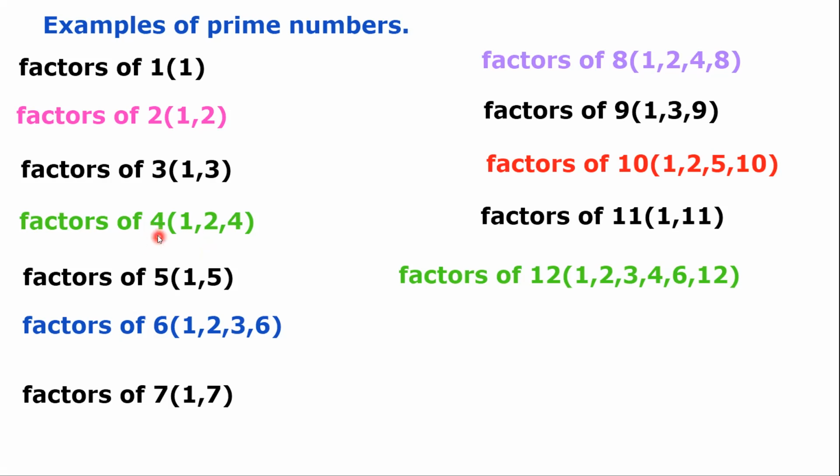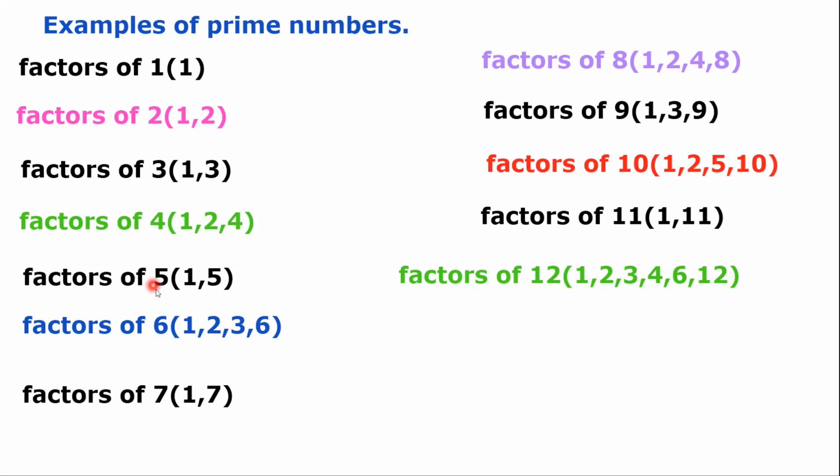So factors of 4 here are 1, 2, and 4. So 4 can never be a prime number because it has more than 2 factors. Okay, so the number 4 is a composite number, because it has more than two factors. Okay, good. So 4 is not a prime number.